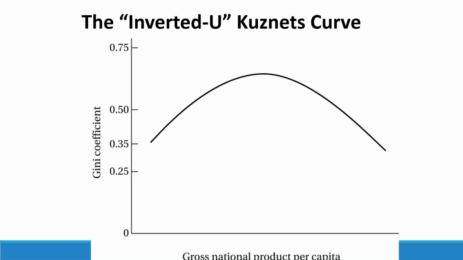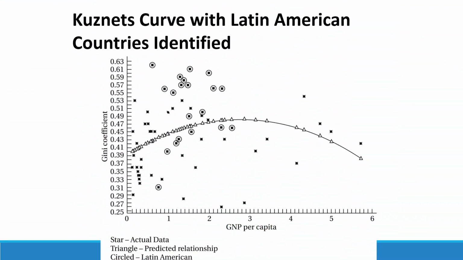Kuznets, one of the pioneer scientists, was the first one to hypothesize the relationship between inequality and economic growth. He published his research in terms of Latin American countries. He proposed that generally it is positive and it will gradually grow negative in the long term.